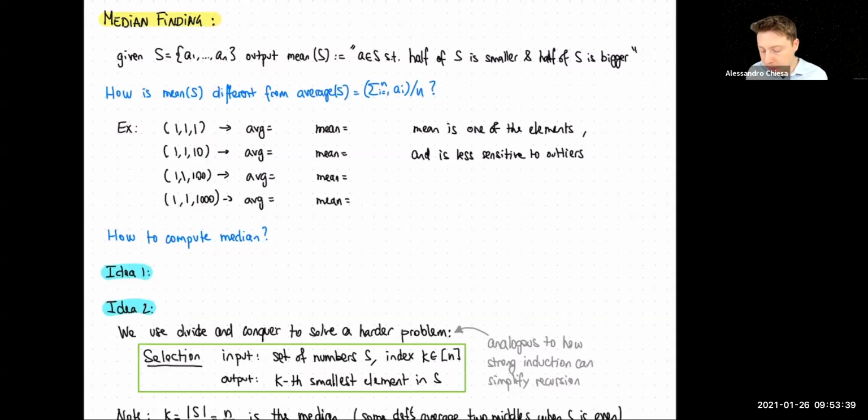And what we want to output is one of the inputs, so one of those numbers from the list, such that half of the numbers are smaller and the other half is bigger, okay? So just to make sure it's clear, let's compare the median from the average, okay? Which is when you sum up all the numbers and divide by n. For this first list here, can anybody tell me what is the average and what is the median?